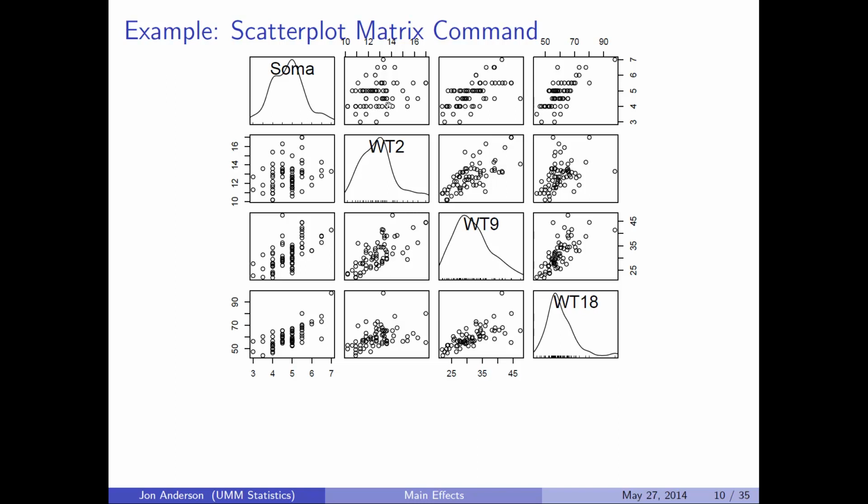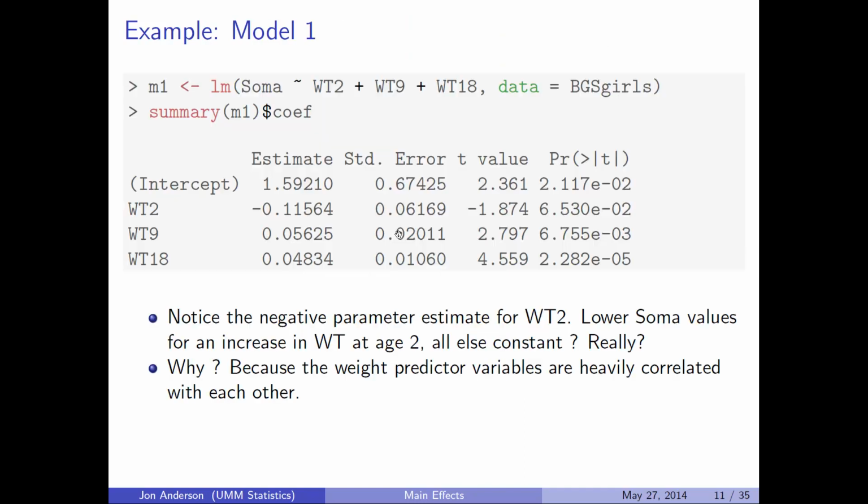You can see there is some relationship with somatotype as well, but the crucial thing for this investigation is the interrelationships between the predictors. Here is a model that has all of those three predictors trying to explain somatotype, and the crucial thing to notice about this multiple regression model called M1 is that the coefficient for weight at age 2 is a negative value and is nearly significant, with a 0.065 p-value.